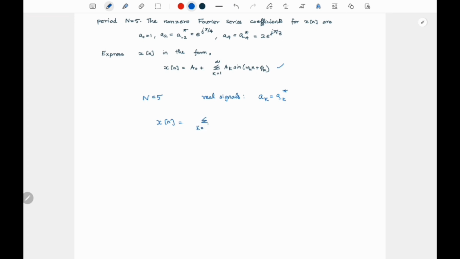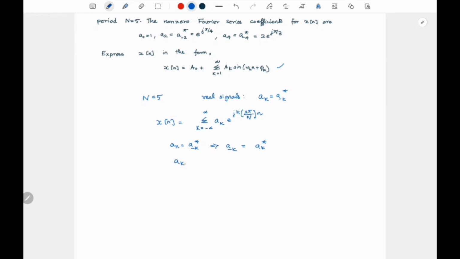If we have summation k equal to minus infinity to infinity a_k e^{jk 2 pi by N n}, and we know for real signals a_k equal to a_{-k} star, or in other words a_{-k} equal to a_k conjugate.